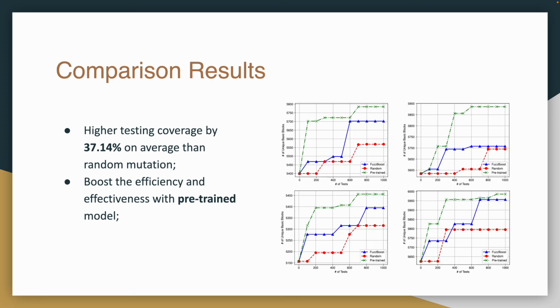We respectively generate 1,000 new tests from the seed programs for different strategies and record the accumulated number of unique basic blocks along the execution traces. On average, our proposed method, FuzzBoost, can achieve higher testing coverage by about 37.14% than the random-based mutation method in terms of the number of accumulated unique basic blocks on the seed programs.